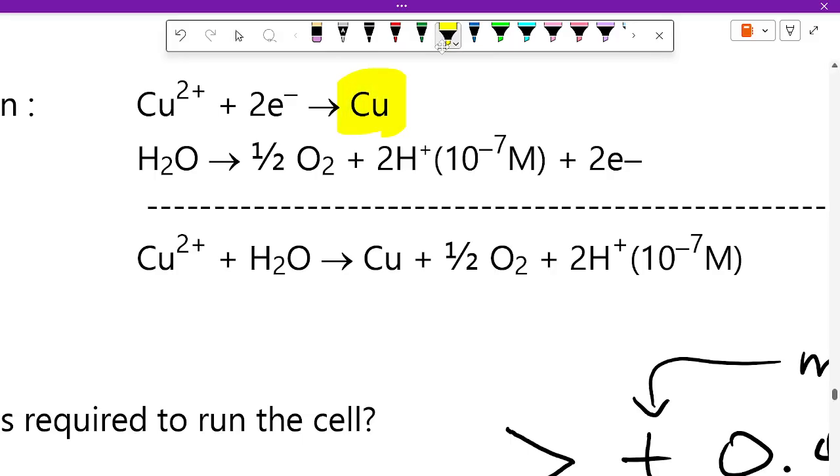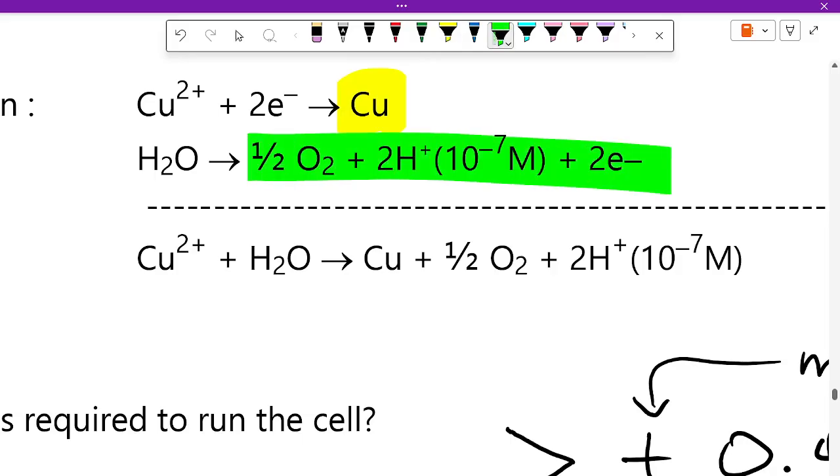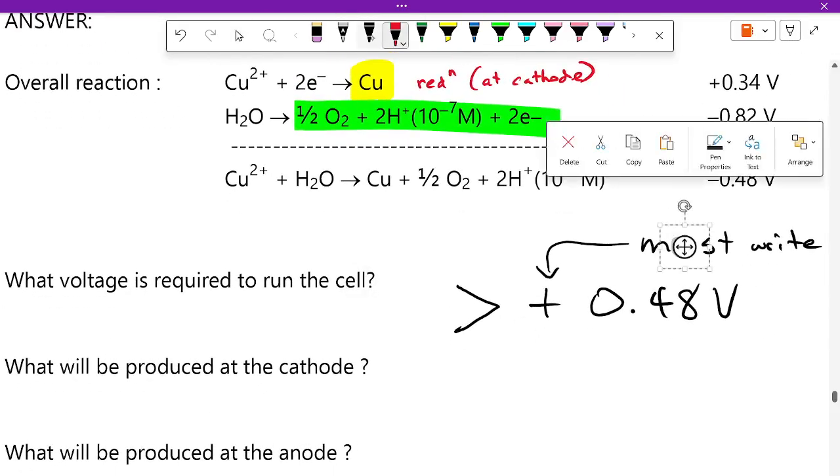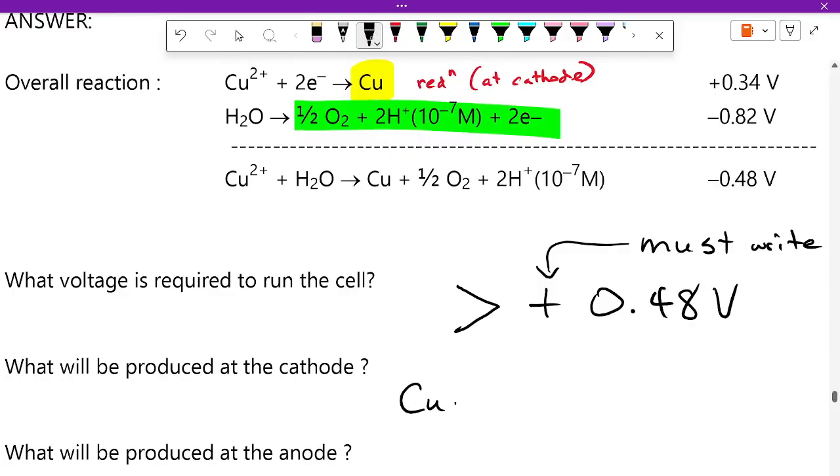You got stuff up here or you got stuff down here. What would be produced at the cathode? Copper, okay, because that's our reduction reaction. Okay, so what's produced at the cathode? That's going to be copper metal, copper solid.